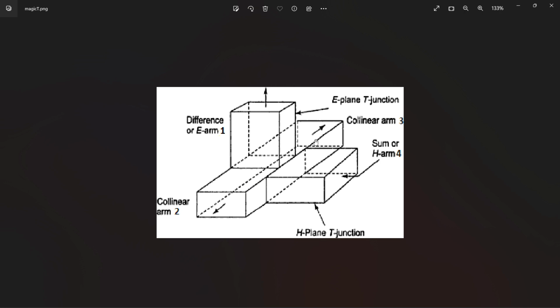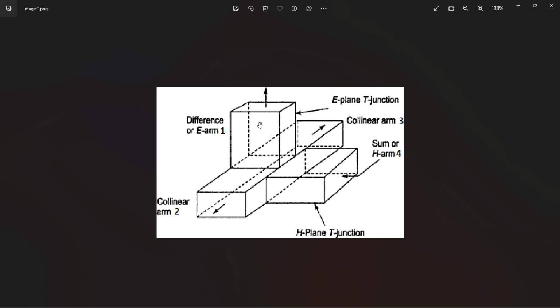If both inputs given over the collinear arms are equal in magnitude, their difference will be 0. So 0 output will be there in the E arm, and the sum of the two inputs will be received at the H arm. This is the Magic T configuration and working.